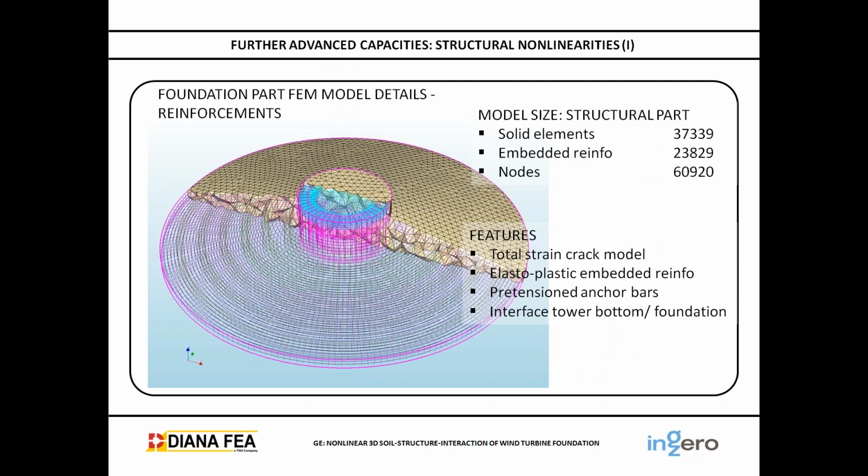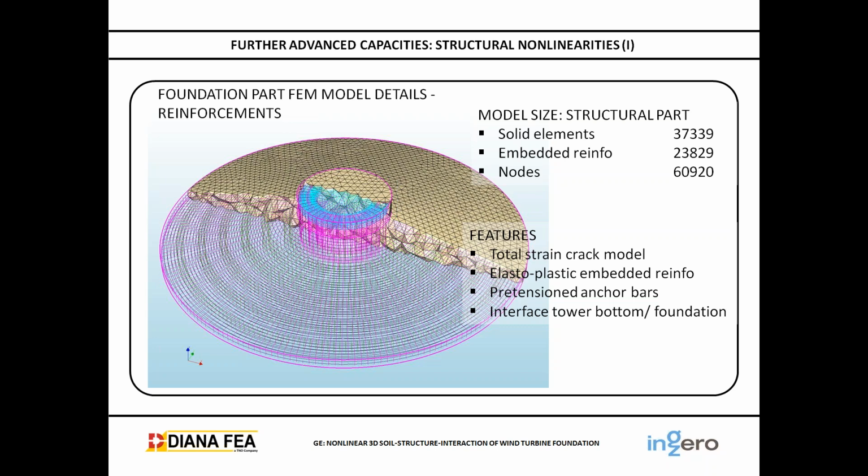Okay, let's move on to further advanced capabilities. We have dealt with the geotechnical non-linearities, and now we have the structural non-linearities. This is a model of just the foundation part with the reinforcement. We can see in pink all the reinforcement and the solid elements which represent the concrete.